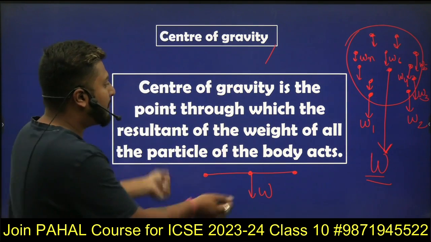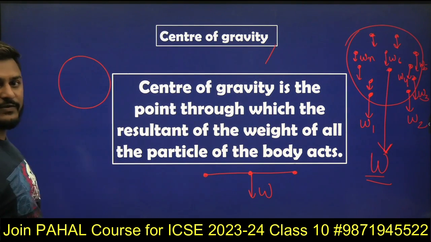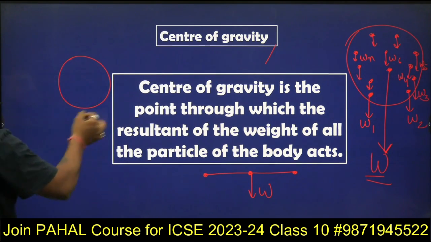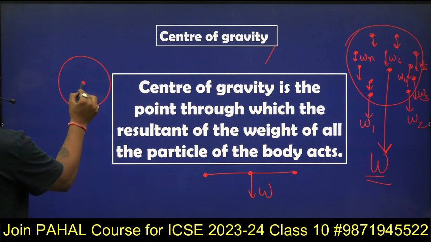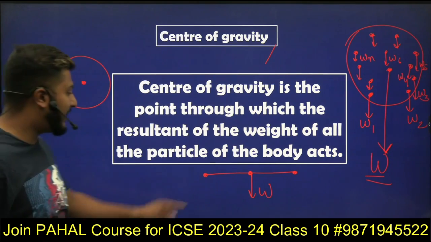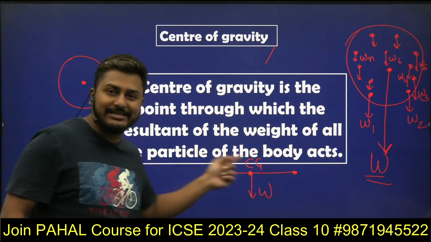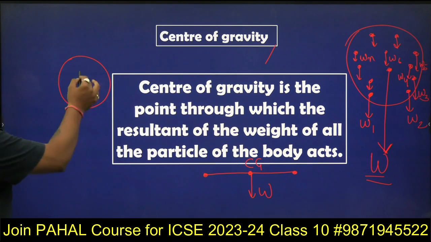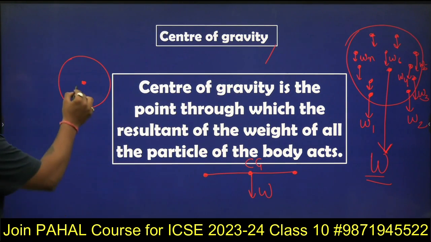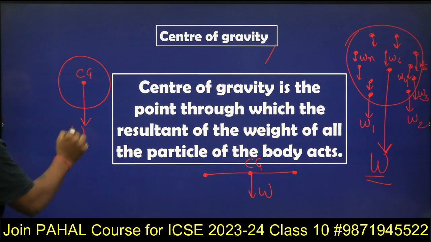Now if we bend this wire in the shape of a circle, then in this case the center of gravity will lie at the center of the circle. Here the center of gravity is lying outside the wire, since we have bent the wire in the form of a circle, the center of gravity will lie at the center of the circle.